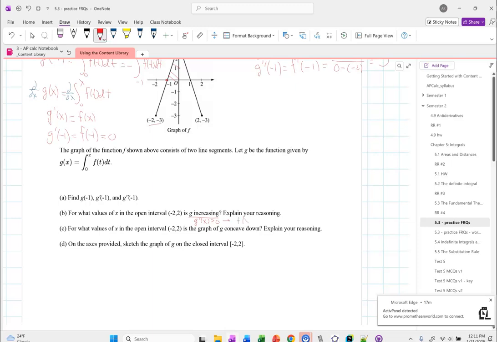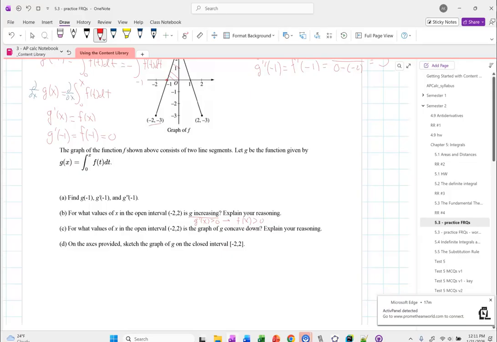Now, why am I wanting to translate this into f of x? Do I have a graph of g? Do I have a function that I can easily evaluate for g? Not really. Do I have f? I know lots about f, right? I'd much rather talk about f than g.